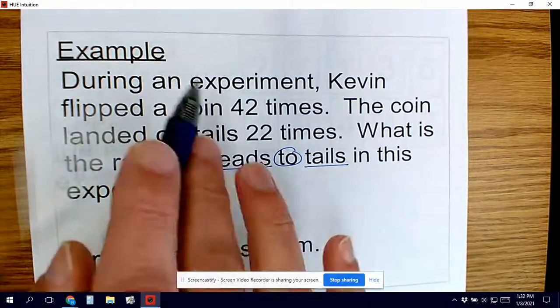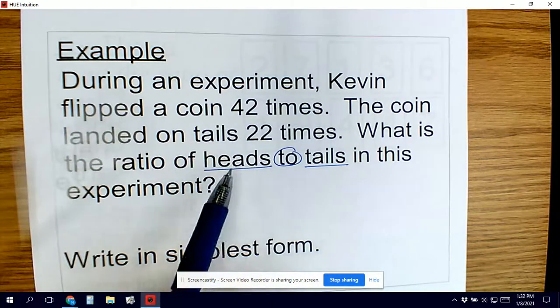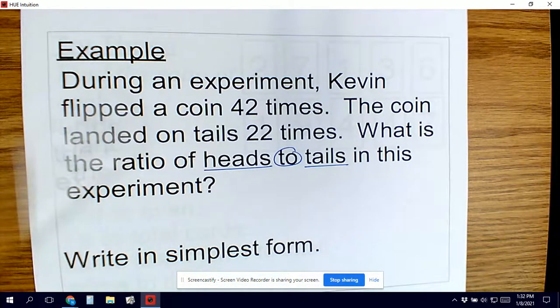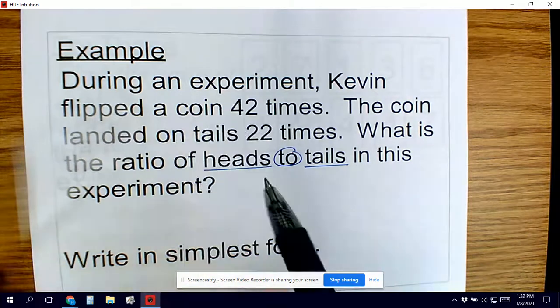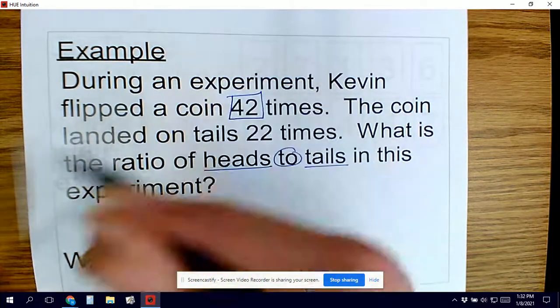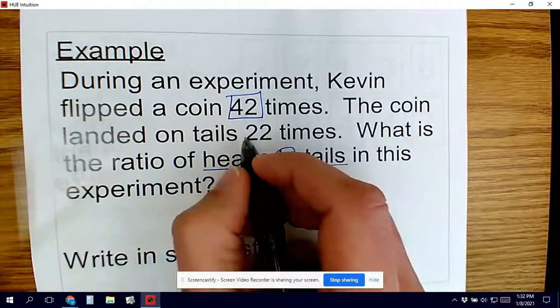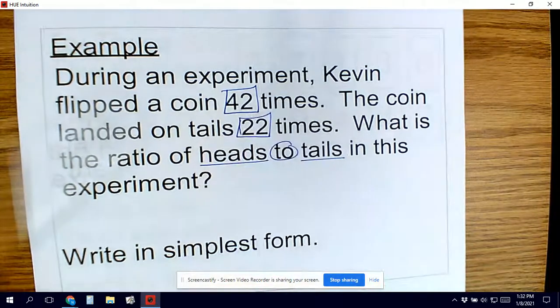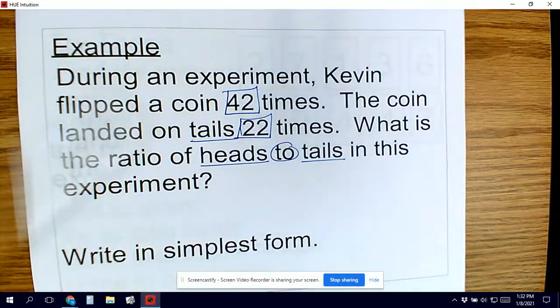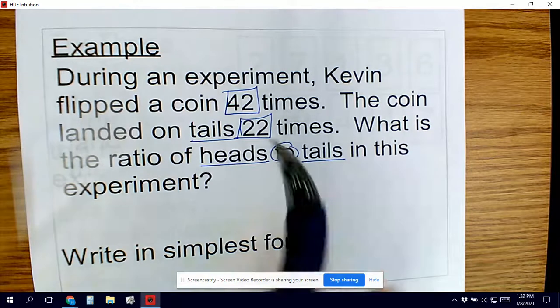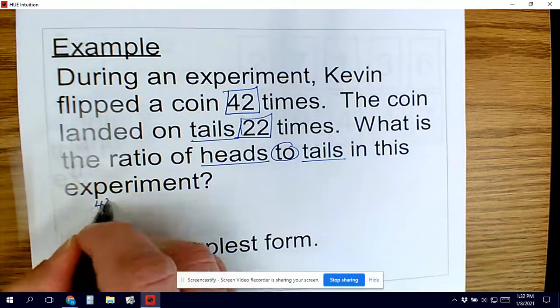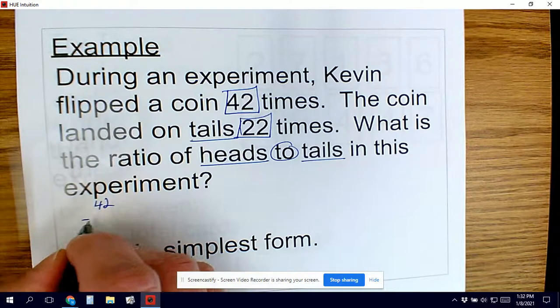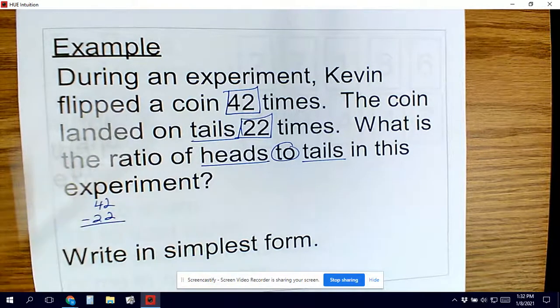Well, if I come back and I look in this scenario, I want to find how many times the coin landed on heads. Well, I know he flipped it a total of 42 times, and 22 of those times was tails. To figure out how many times the coin landed on heads, I would need to take the total 42 coin flips and subtract the 22 times it landed on tails.